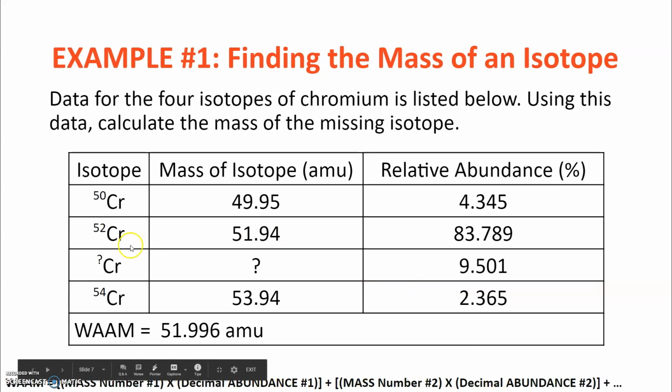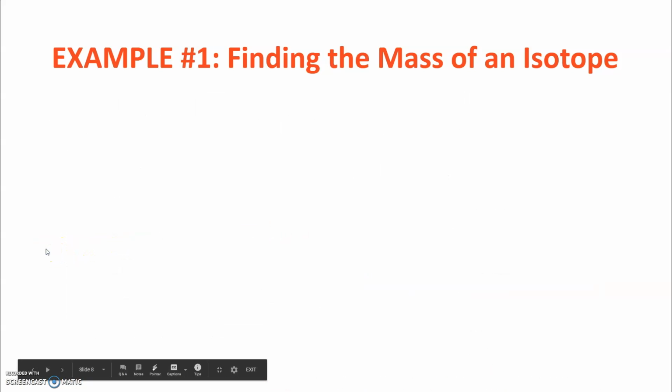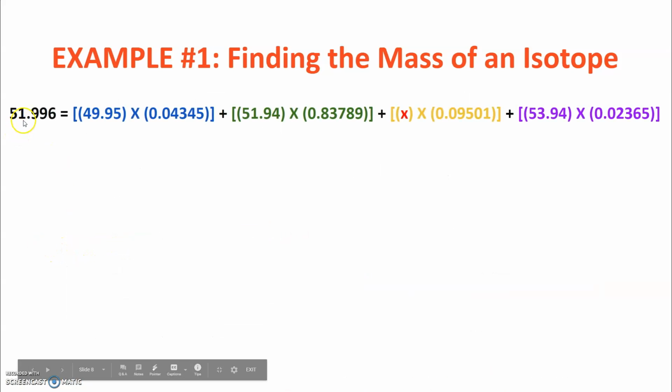So when we set it up, it's going to look like this. Right, so here's my WAAM that I'm given, or you could pull it off the periodic table, 51.996, and then the mass of my first isotope, 49.95, times its decimal percent abundance, 0.04345, and then I do that with the second isotope, that's in green.